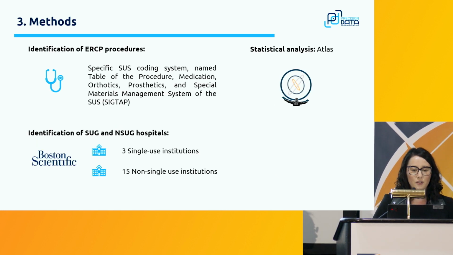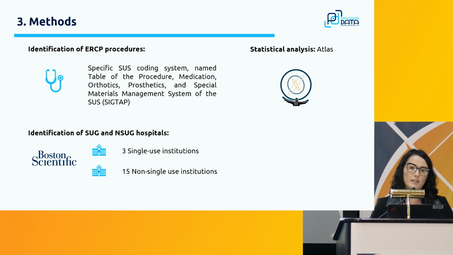The identification of the ERCP procedures followed a specific data source code system, and the statistical analysis was done in Atlas. The identification of the single-use and non-single-use hospitals was done by our partner, Boston Scientific, through field work.